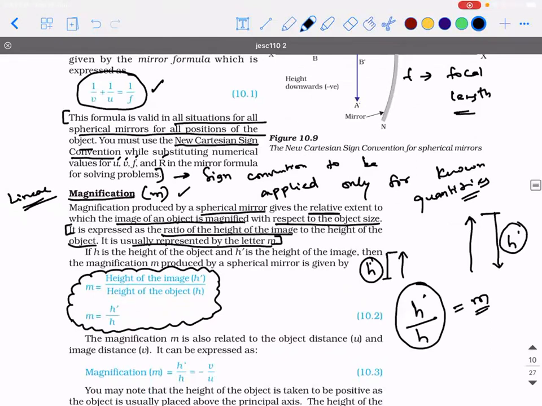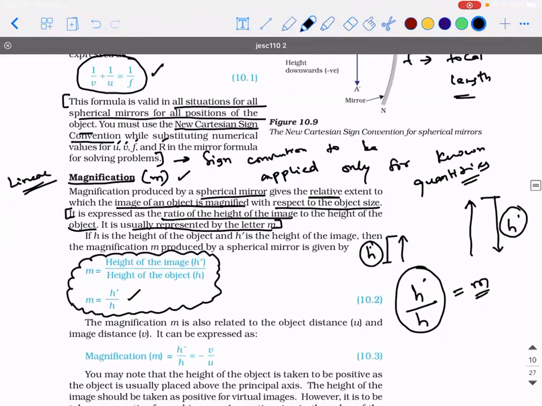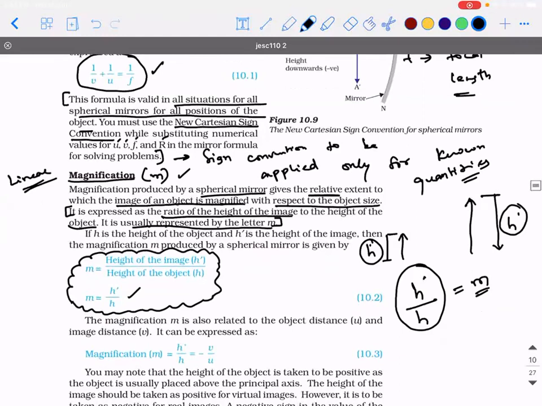The basic definition of magnification is the height of the image to the height of the object, that is h dash divided by h. But it is important to note that the magnification m is also related to the object distance and the image distance, generally expressed as minus v by u.